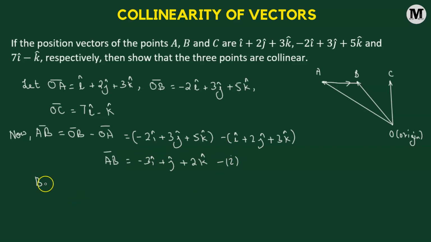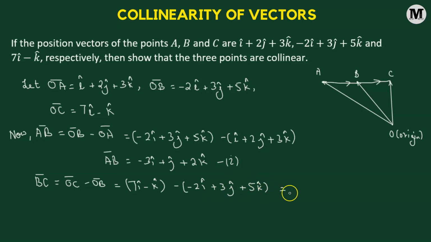Next, we will try to find out the vector BC. Now, BC is formed by joining the points B and C with a vector going from B to C. So, in terms of the position vector, it's simply OC vector minus OB vector. The OC vector is 7i cap minus k cap, and from here we're going to subtract OB vector, so that's negative 2i cap plus 3j cap plus 5k cap.